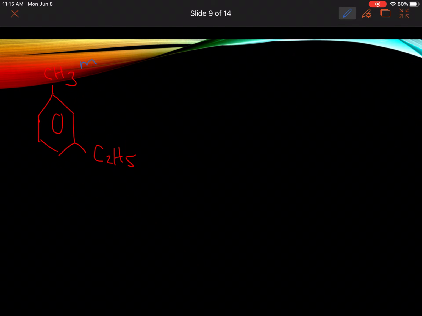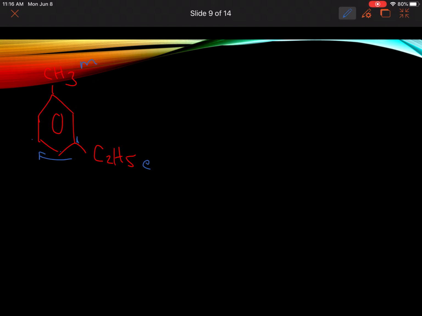So that's a methyl group. That's an ethyl group. So right away I can say to myself, okay, I'm going to start my numbering from the ethyl group because that comes first alphabetically. Now, I have two choices. This is my number 1 spot. If I go counterclockwise, which is this way, it would be 1, 2, 3, 4, 5. So the positions would be 1 and 5.